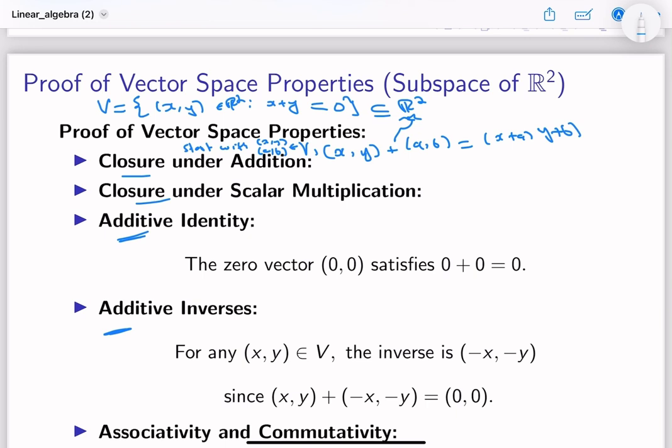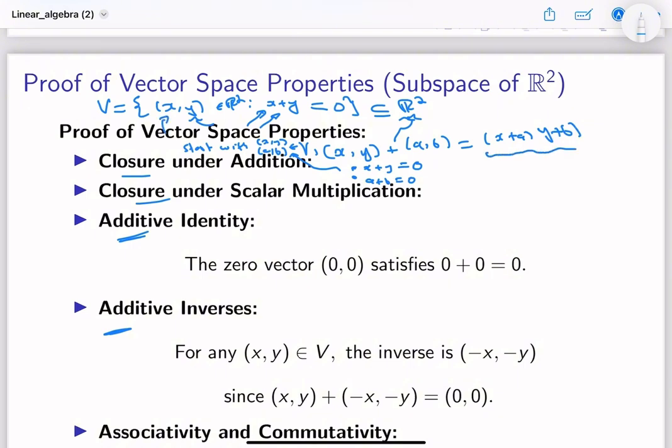We want to prove that their sum is also in V. Since xy is in V, then x plus y is 0, because this is what it means to be in V. And since ab is in V, we have a plus b is also equal to 0. This is by the way we defined what V is, okay?